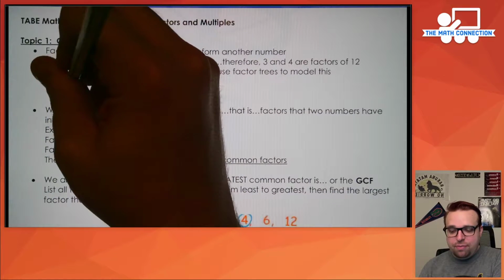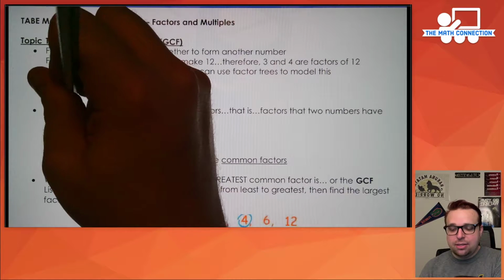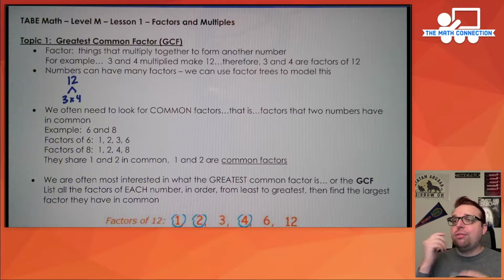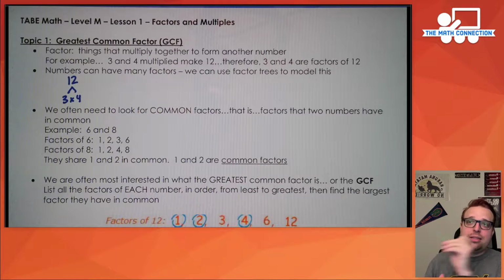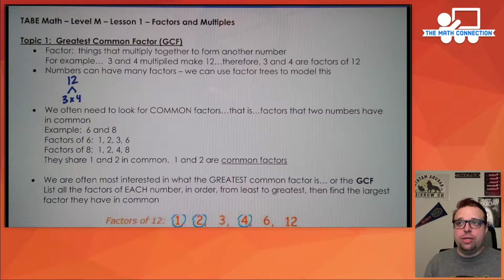You can make the number 12 by multiplying 3 times 4. You see how I did those little branches from the tree? 12 is at the top of that tree, and then 3 and 4 are the next level down. When you multiply all the things in this level, you should get the number above, which would be 12. 3 times 4 makes 12.